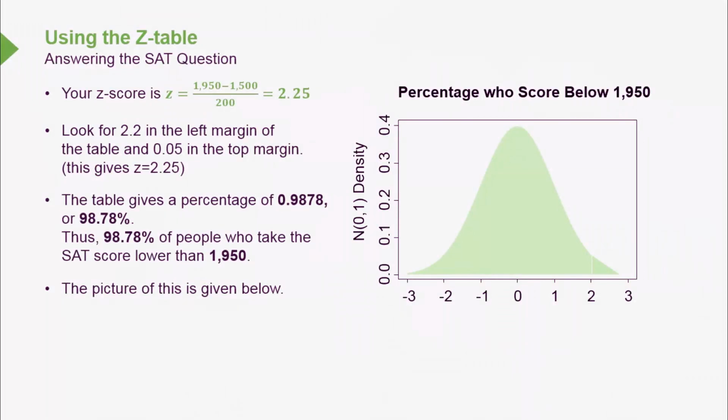So let's do an example. Suppose you scored a 1950 on the SAT. What percentage of people scored lower than you did? Well, first we need to find a z-score. And that z-score is 1950 minus 1500 over the standard deviation of 200. So we have a z-score of 2.25. So what we're going to do is go to the left margin of the table and find 2.2.